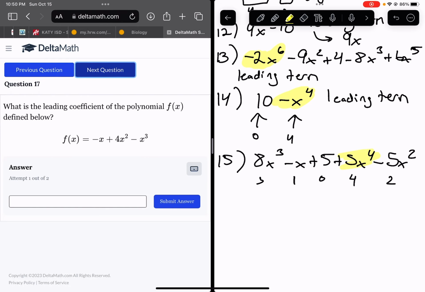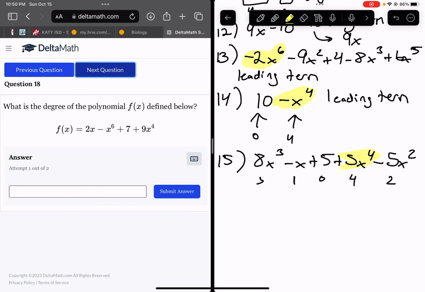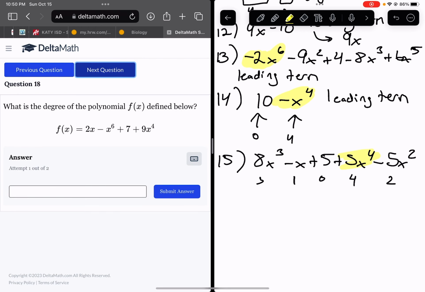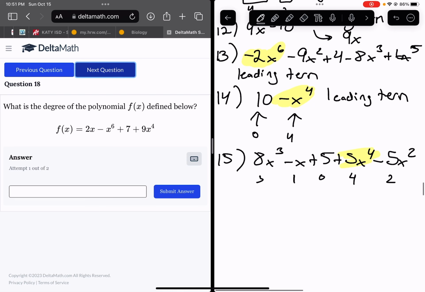All right. So now let's see if they ask us the degree. Oops, I'm still in highlighter mode. So again, the degree, you're just going to figure out what the term at the highest power is, and the highest power is your degree.